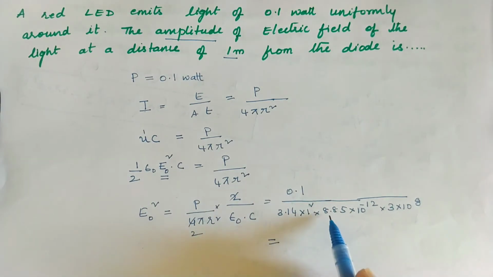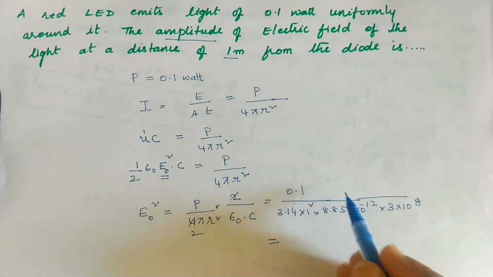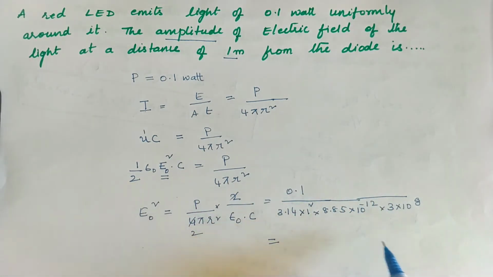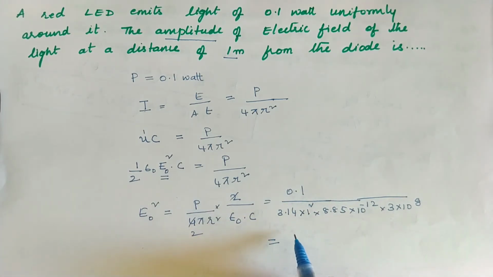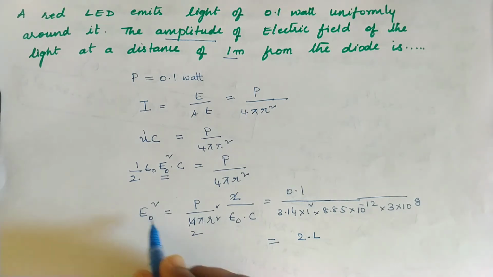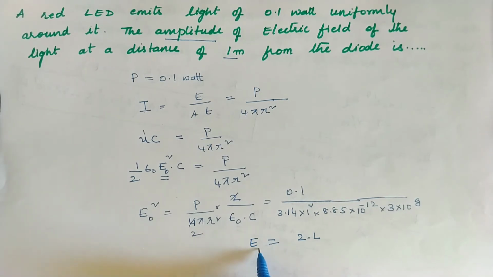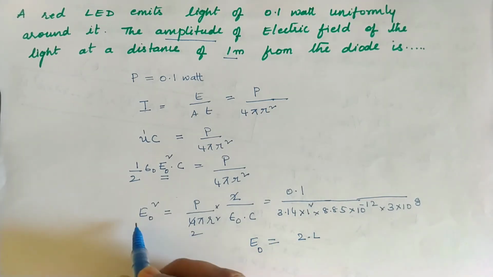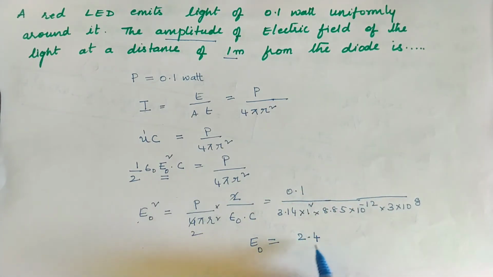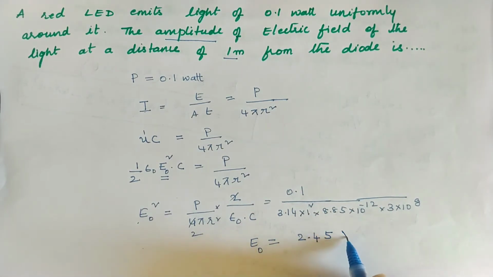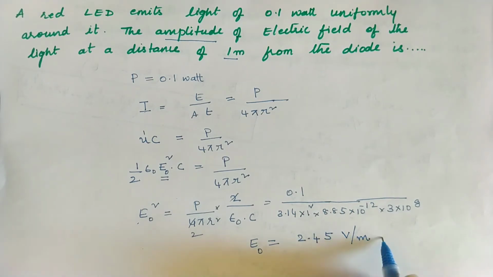After cancelling, you can write 1 by 8.85 into 10 power minus 12 as 1.1 into 10 to the power plus 11. Then after simplification, E naught square comes out, and because it's E square, taking the root and simplifying mathematically, E naught comes out to be 2.5445 volt per meter.